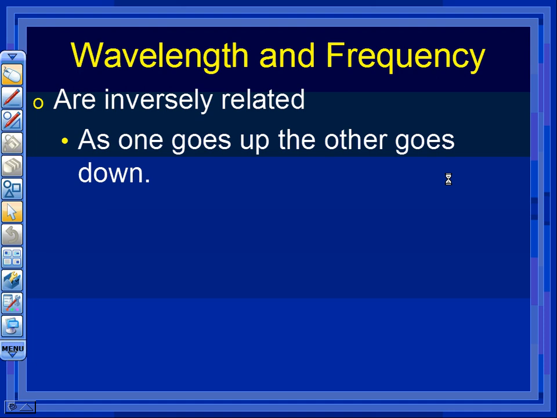If it has a very short wavelength, then the frequency is going to be very high. So short is high and long is low. I'll show you a picture there. So number 13 says, how are they related? They're inversely related. And what does that mean? That means if one goes up, the other goes down.